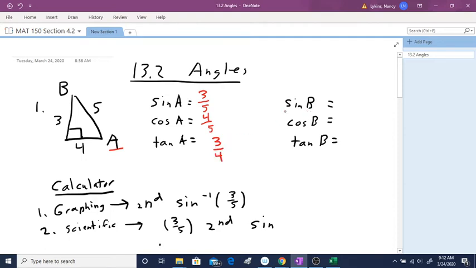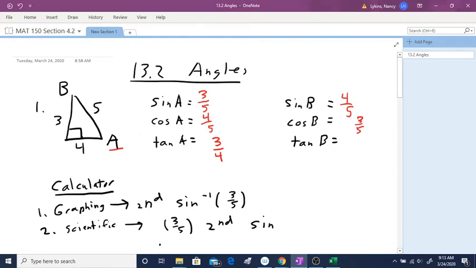Now I'm going to look at the perspective of B. Okay, B, the opposite now is 4 over the hypotenuse. The adjacent now is 3 over the hypotenuse, so it's 3 over 5.